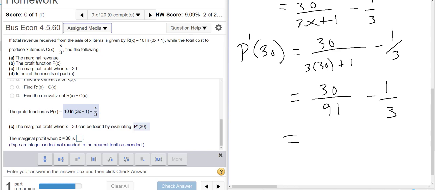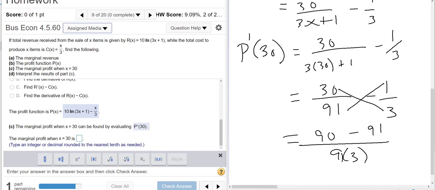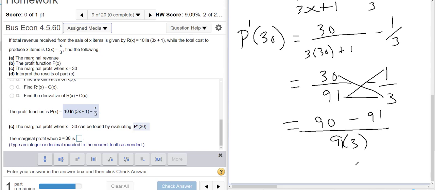And so that's going to be 90 minus 91 over 91 times 3. Because look, quick way to do fractions if they don't have a common denominator is that minus that over that. So 90 minus 91 over 91 times 3.